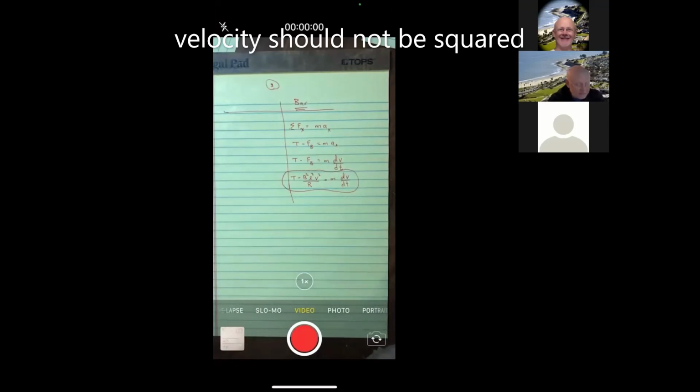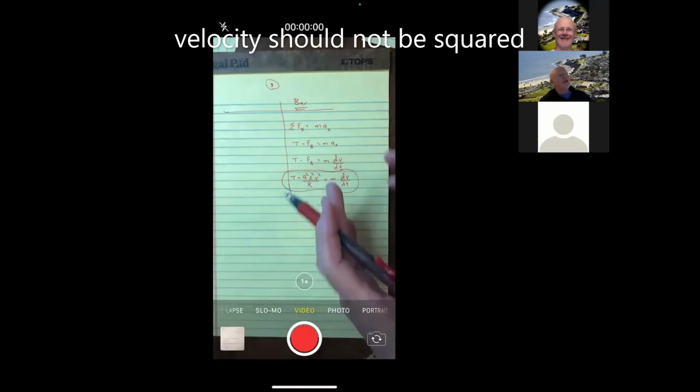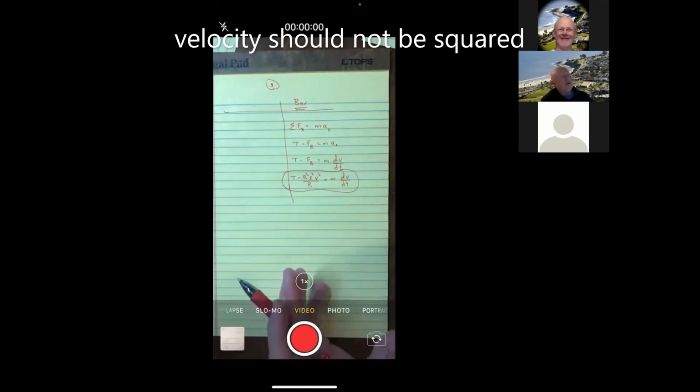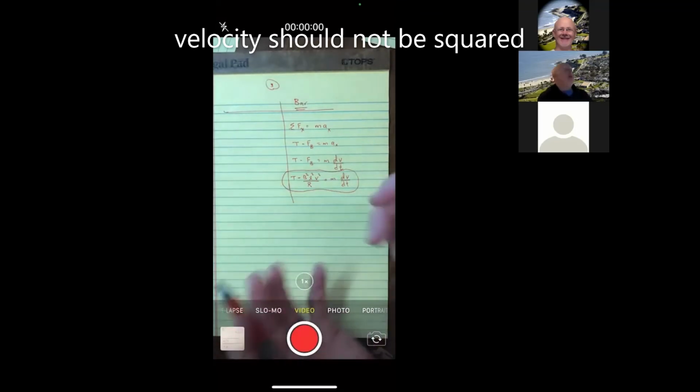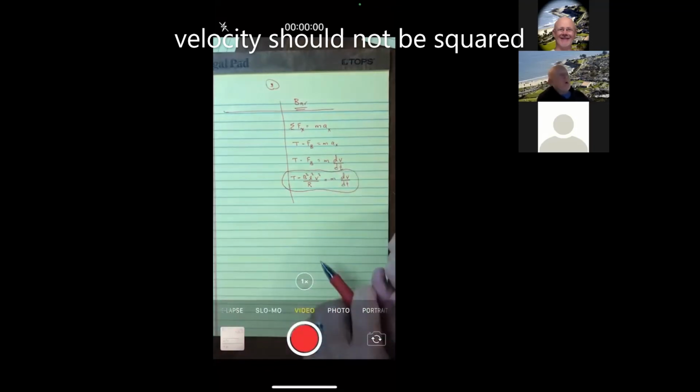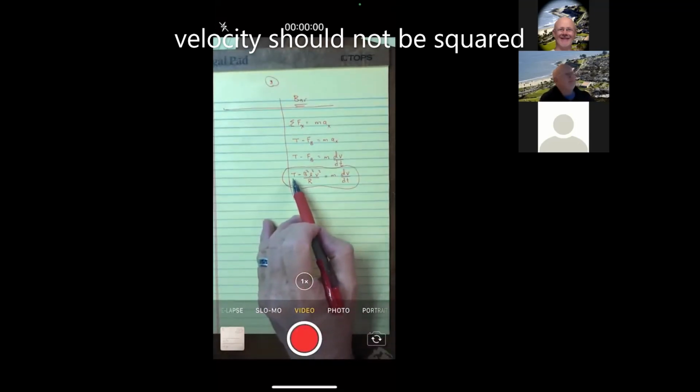Now, I will point out that the general rule is your answer should include numbers if they give you numbers, which this problem doesn't, or symbols if they give you symbols, and it should be the symbols they gave you. If you look closely, they did not give me a symbol for tension.